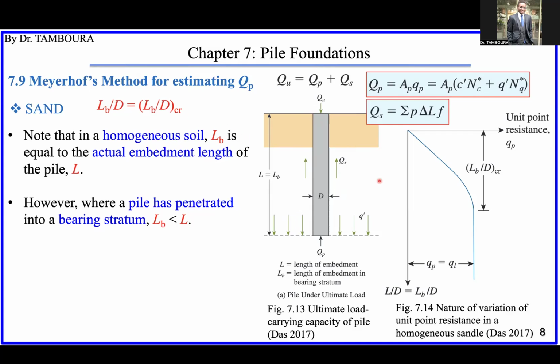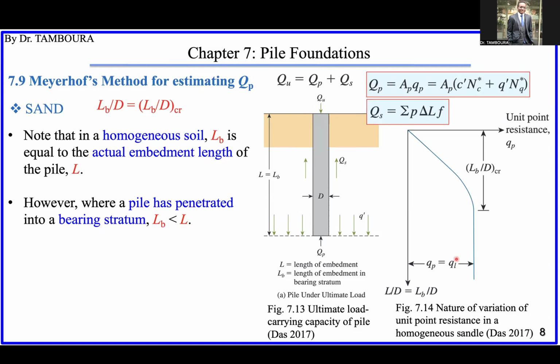The critical ratio is when the end bearing capacity becomes constant. So when it becomes constant, QP, the end bearing capacity, is equal to QL. It means the limit end bearing capacity, the maximum end bearing capacity. This is the limit QL.